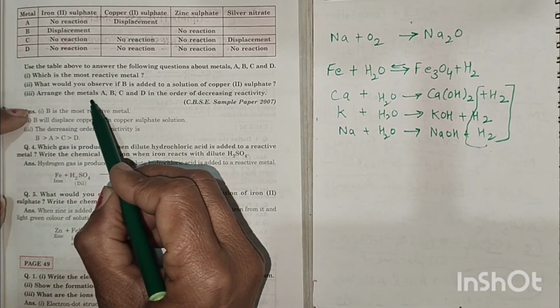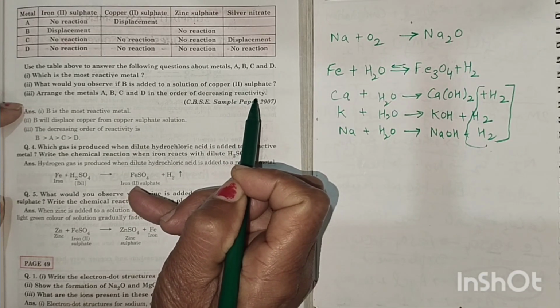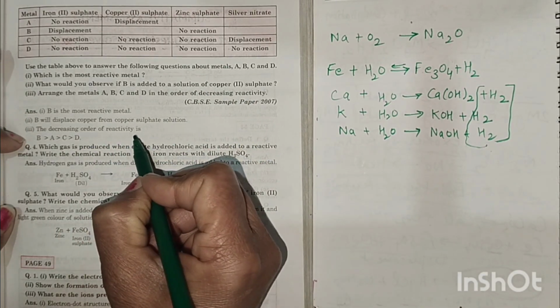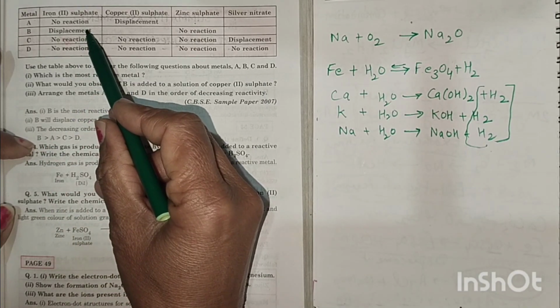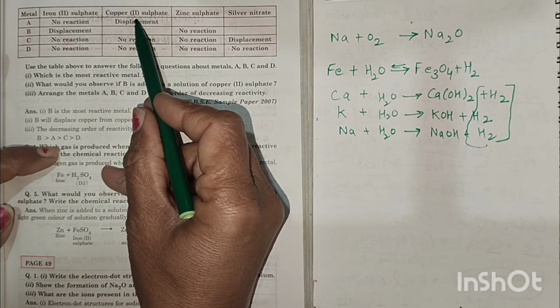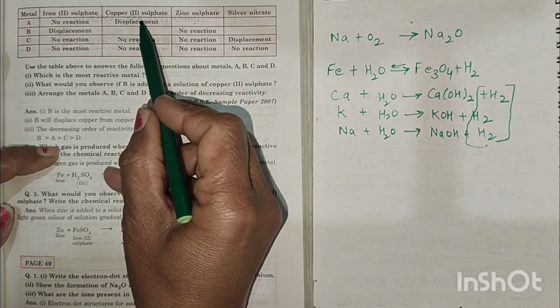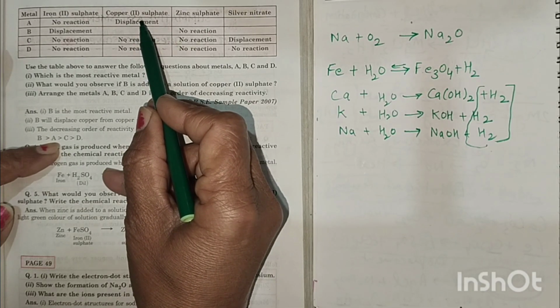Now arrange the metals A, B, C and D in the order of decreasing reactivity. According to the decreasing order of reactivity, B is the most reactive. Then A also shows a displacement reaction, so secondly it is reactive.